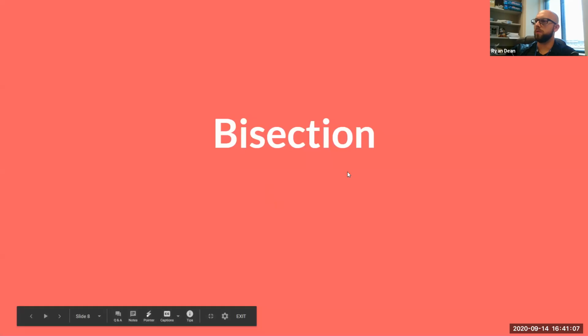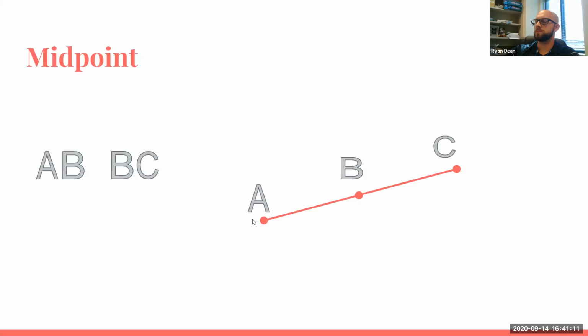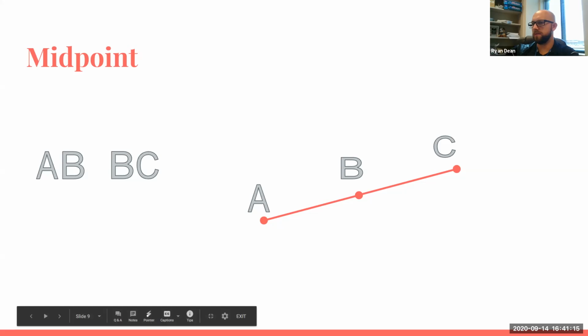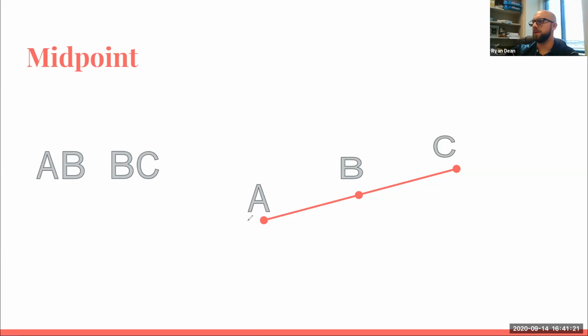All right, real quickly, we will talk about bisection. Bisection is one of the fancy ways of saying that we're going to split a segment into two different pieces. And when we do that, we end up creating what we call a midpoint.